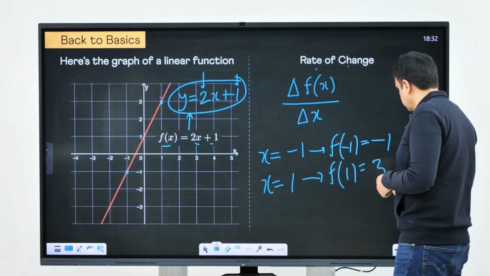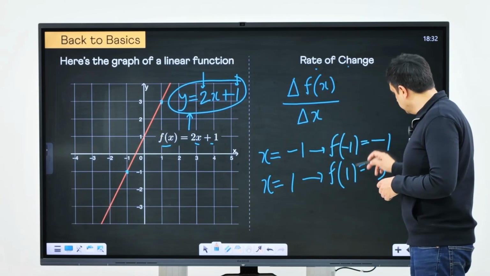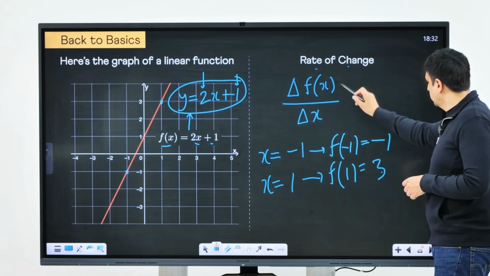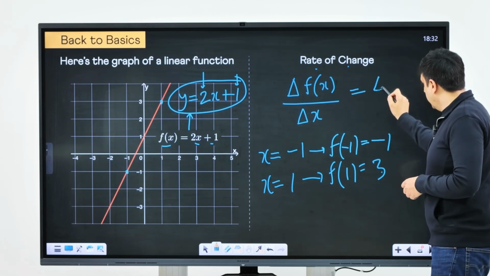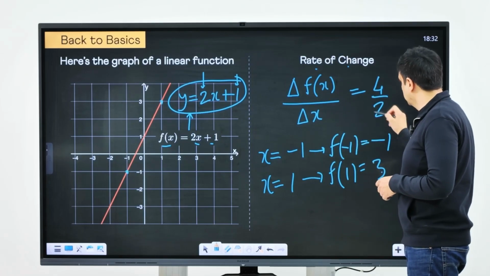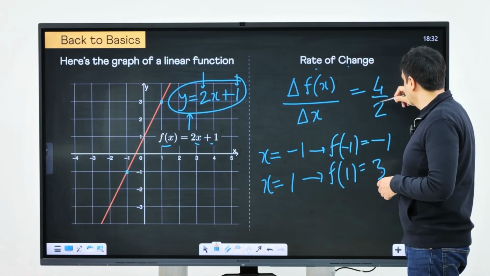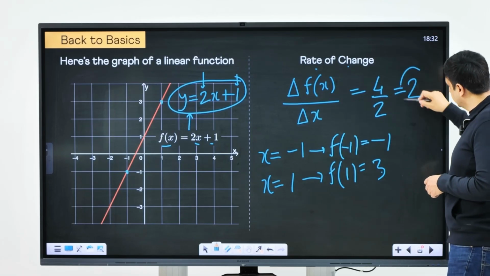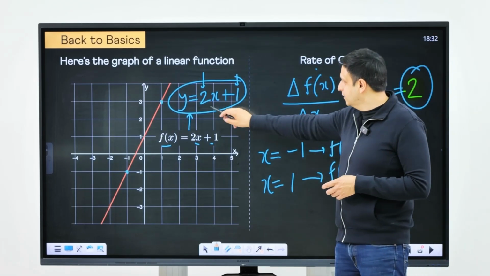Alright. So the change in the function's value is 3 minus negative 1, which is 4. So delta f of x is 4. And the change in the variable's value is 1 minus negative 1, which is 2. So we get the rate of change as 4 over 2 or 2. And this value is the same as the slope of the line.